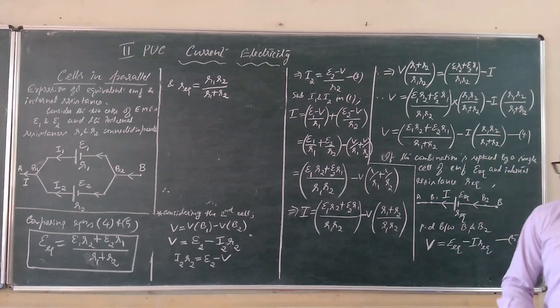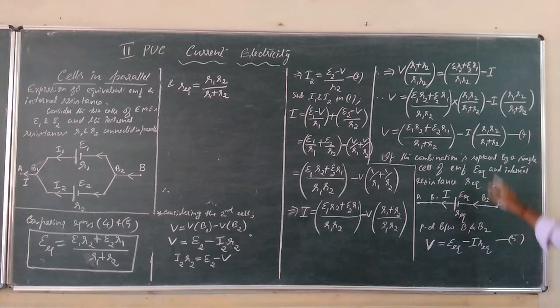E equivalent is E1 R2 plus E2 R1 divided by R1 plus R2, whereas R equivalent is R1 R2 divided by R1 plus R2.